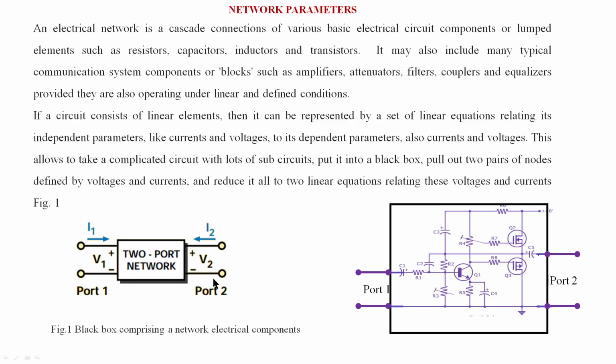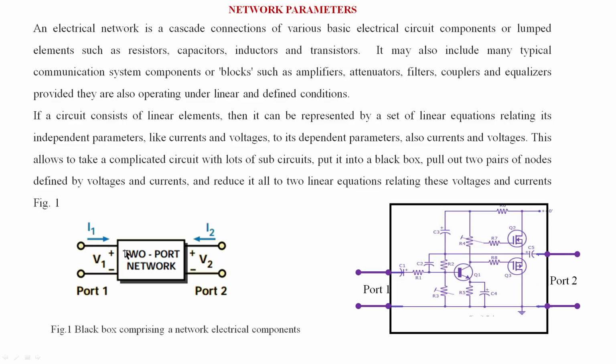What we can see here is only terminals: two terminals, left and right. Output and input, or based on your requirement it may be bidirectional, input and output may be changed.